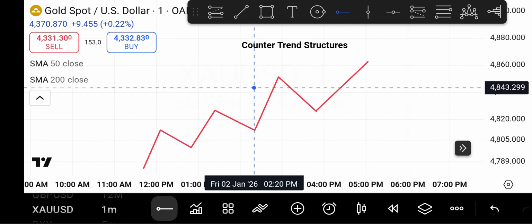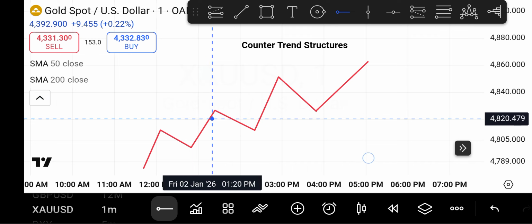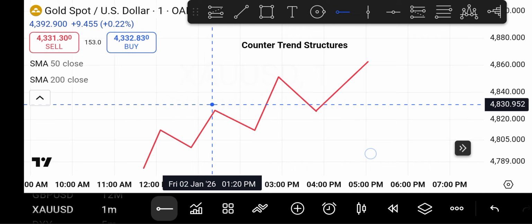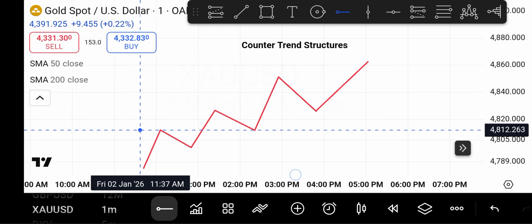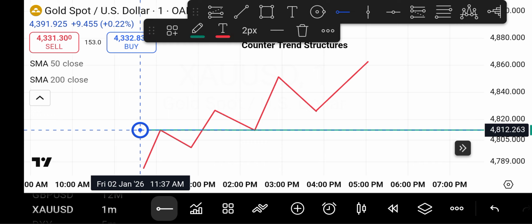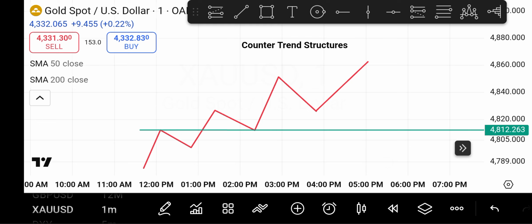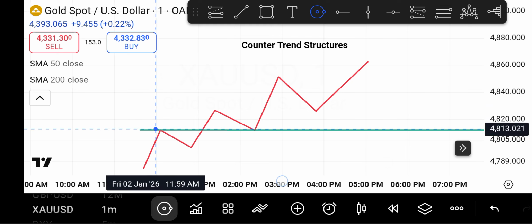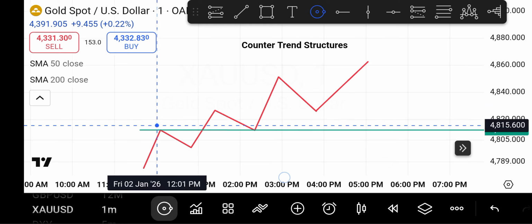So I will be more concerned when we close above the previous high. When we close above this previous high, the way it happened there.